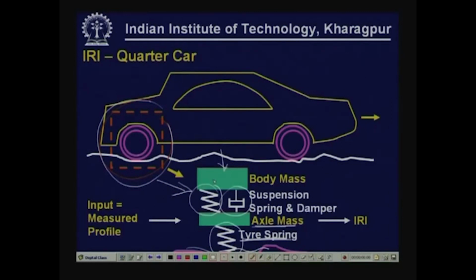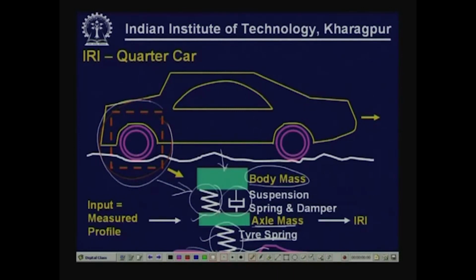So, we have to have all these parameters. We have to select what is the body mass that is coming on this wheel, then the spring and the suspension system corresponding to the suspension system that is used in the vehicle, then the mass of the axle, and we have to have a spring representing the tire.